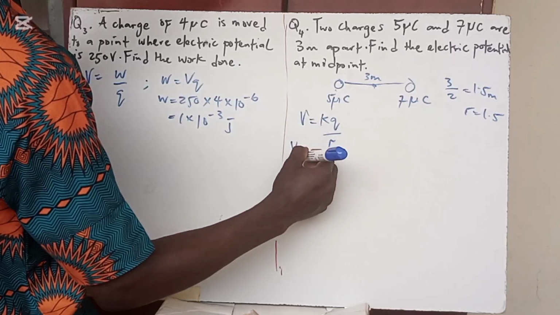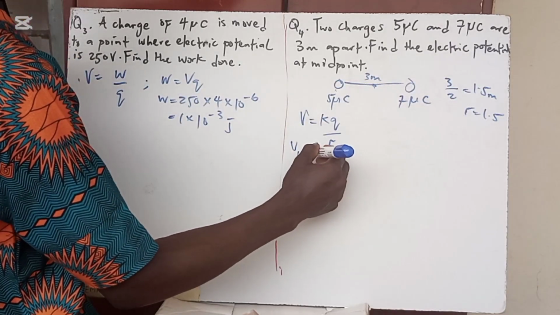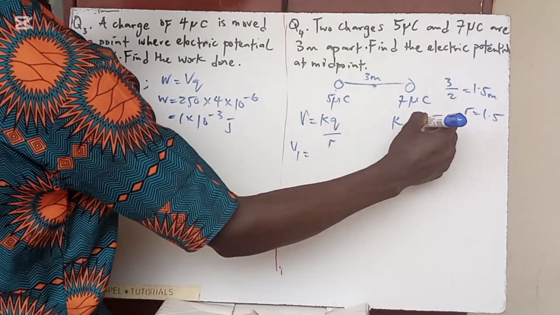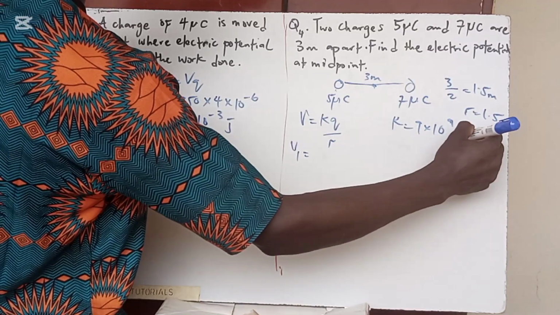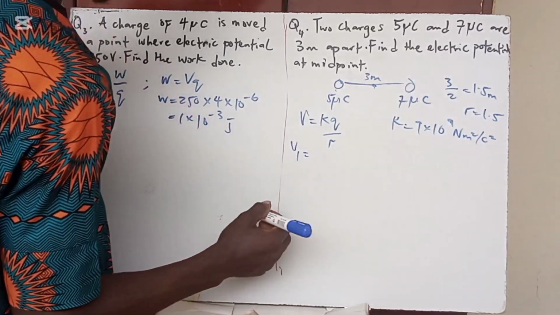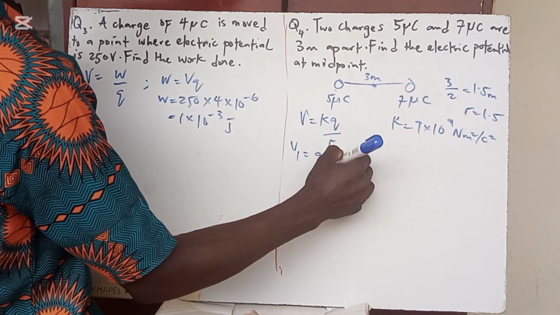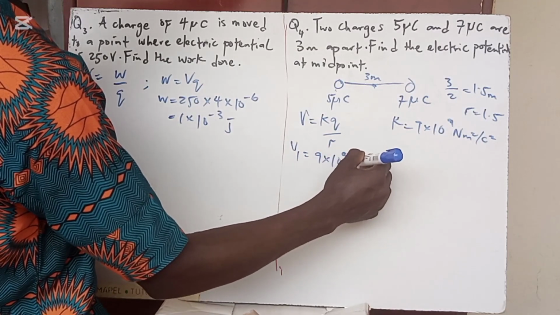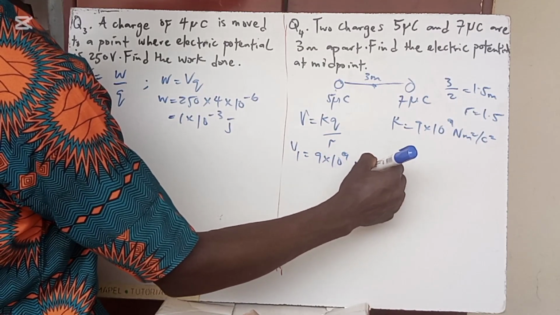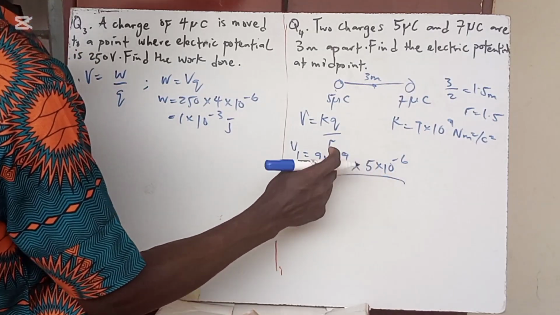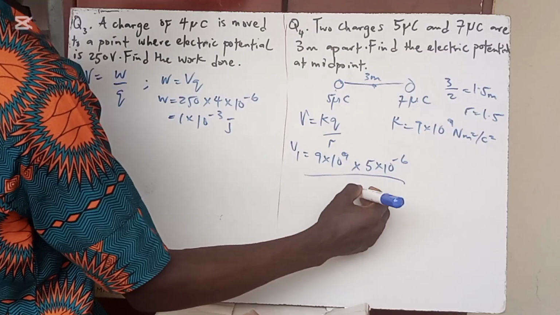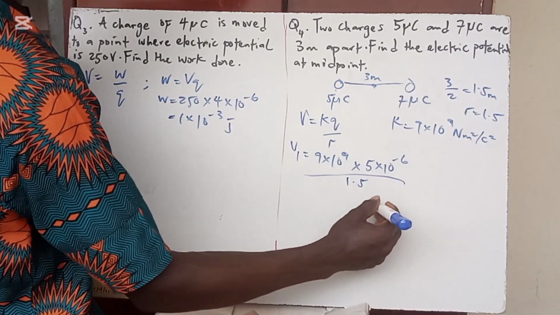So calculating for V1, remember that K is 9 times 10 raised to power 9 Newton meter square per coulomb square. So we can insert that here, 9 times 10 raised to power 9 multiplied by the charge 5 times 10 raised to power minus 6 over the distance, which is 1.5.